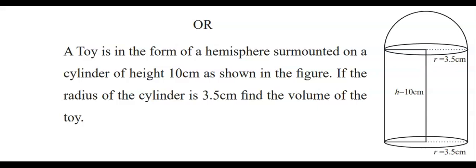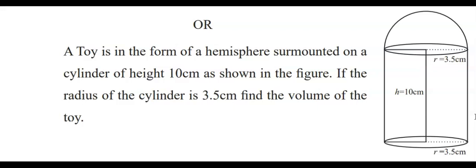The radius of the cylinder is 3.5, and remember the radius of the hemisphere is also 3.5 because it is mounted on the cylinder. It has to be understandable.